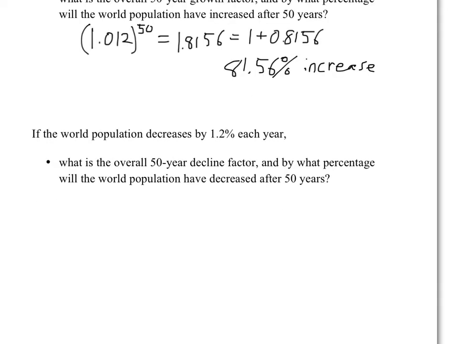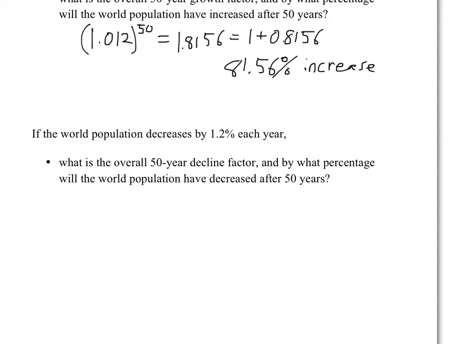What about a population decrease, again by 1.2% each year, and again going on for 50 years? Well, you might think that if 81.56% is how much the population would increase at 1.2% a year for 50 years, you can just take that percent and use that as the answer to the question about population decline.